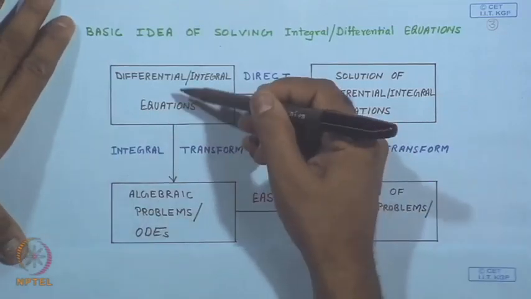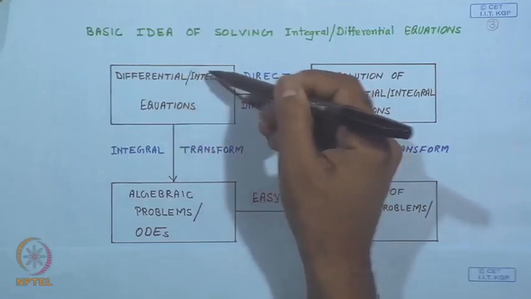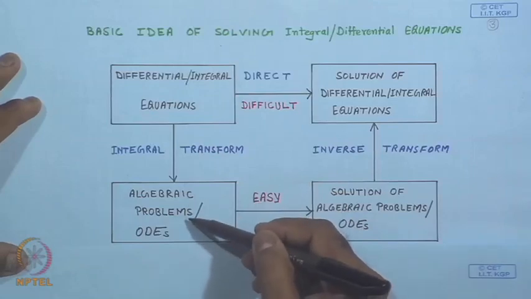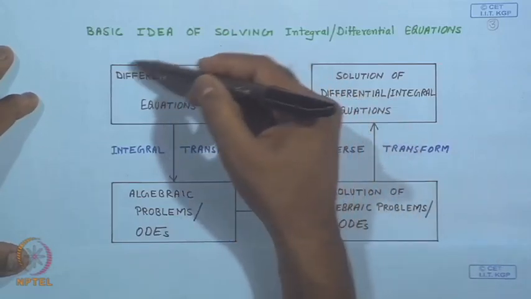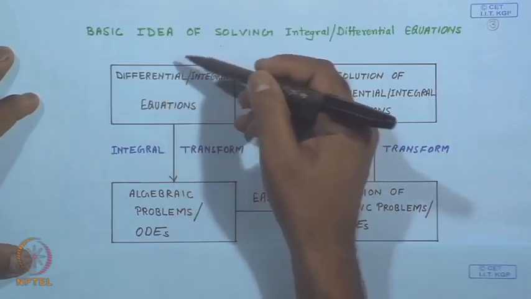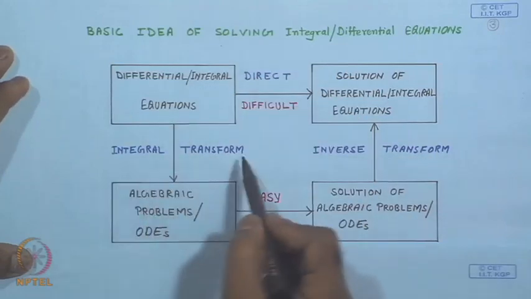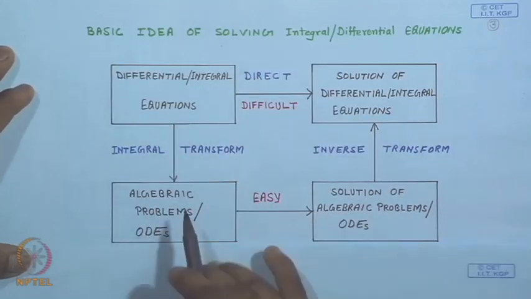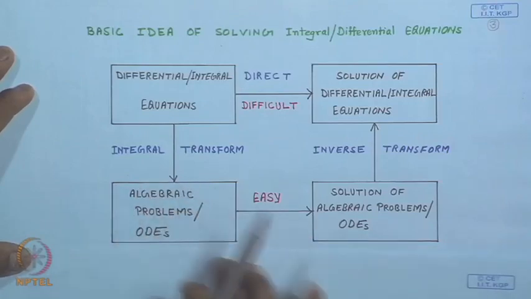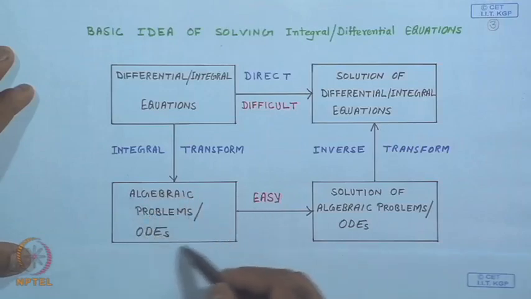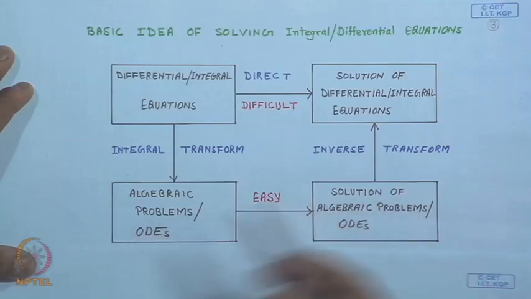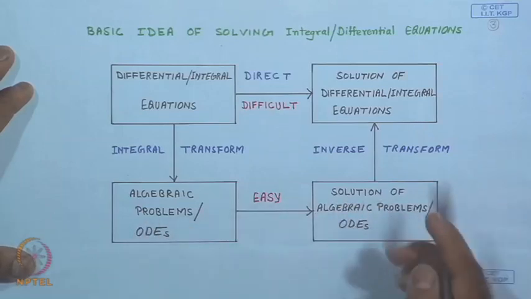If we take the integral transform of these equations, then we get algebraic problems or ODEs. Simply, these complicated integral equations or partial differential equations can be converted by the integral transform to algebraic problems or ordinary differential equations, and they are easy to solve. So we can easily get the solution of this transformed system, or the solution of these algebraic or ordinary differential equations.